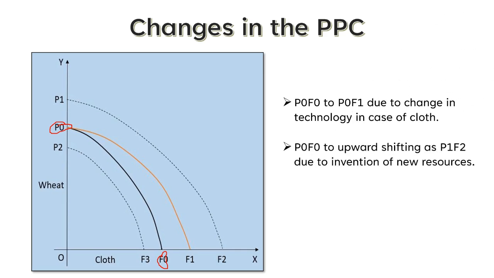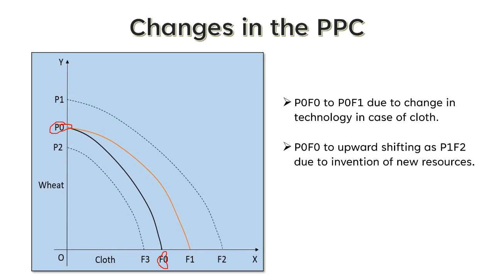The second possibility is that the original P0F0 PPC may shift completely upwards as P1F2 due to the invention of new resources or new sources of resources.